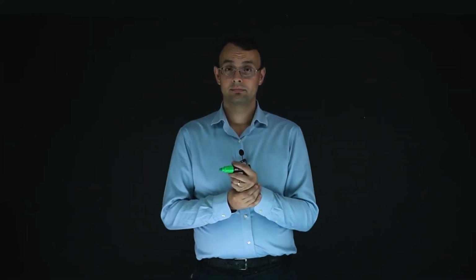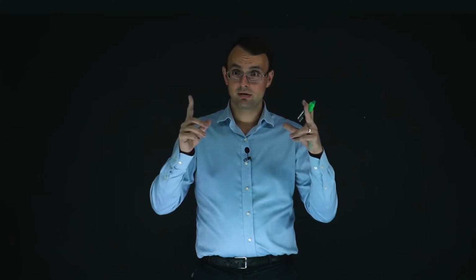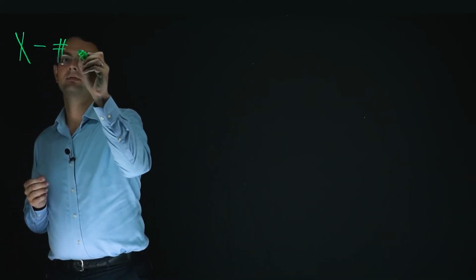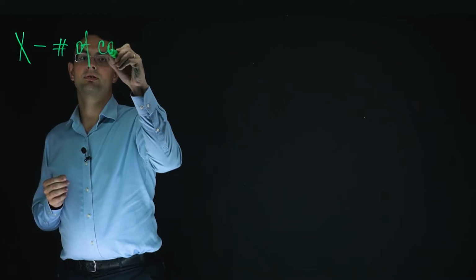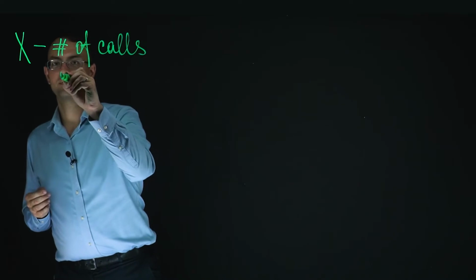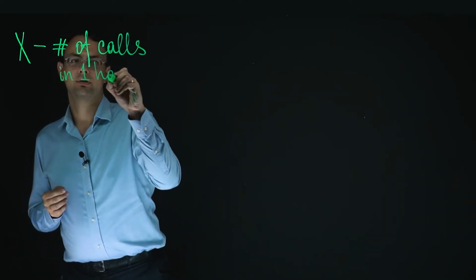So, actually, what is the random variable of our interest here? This is the number of calls the emergency service receives during 1 hour. So x, the random variable of our interest, is the number of calls in 1 hour.